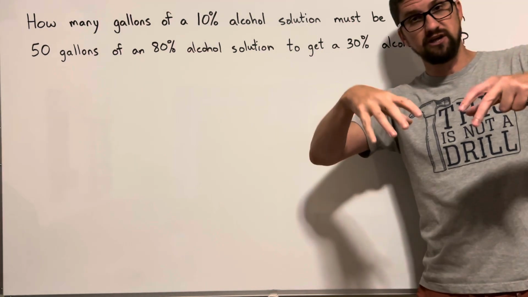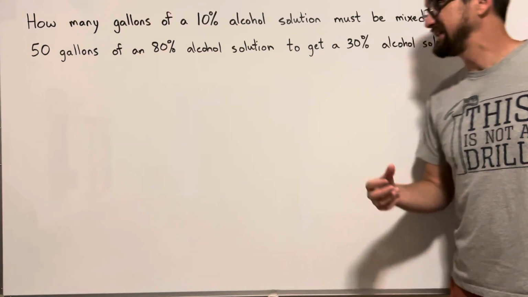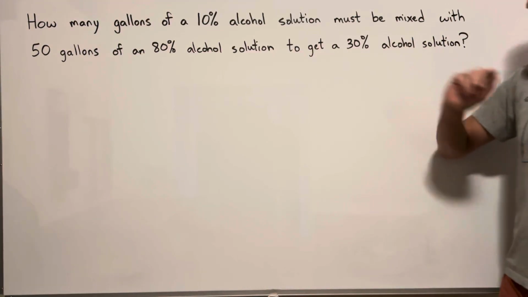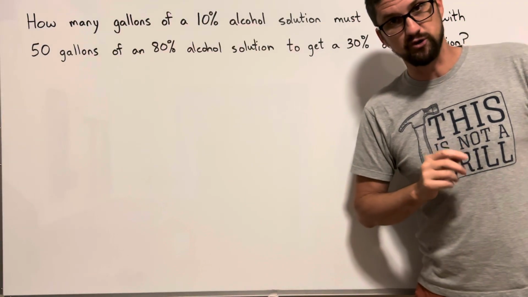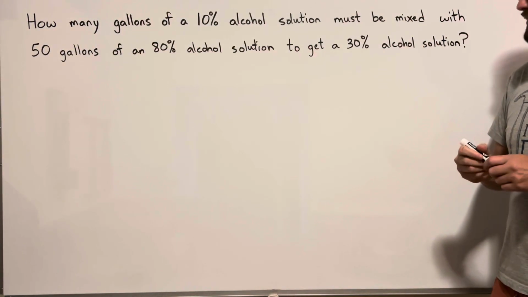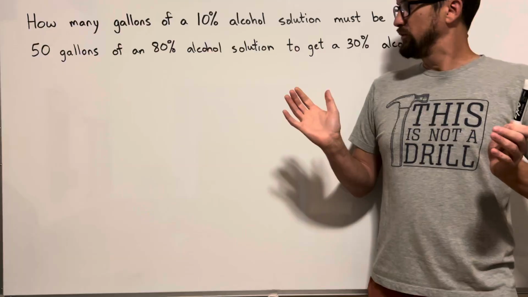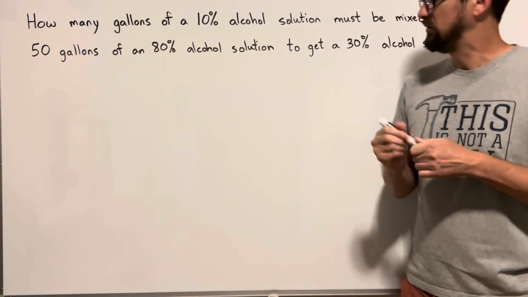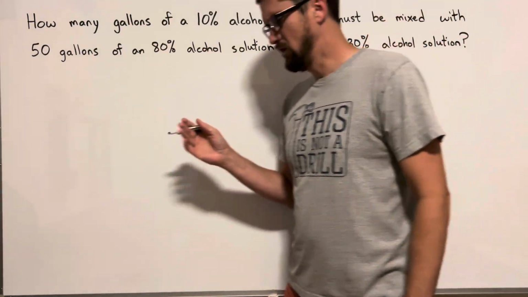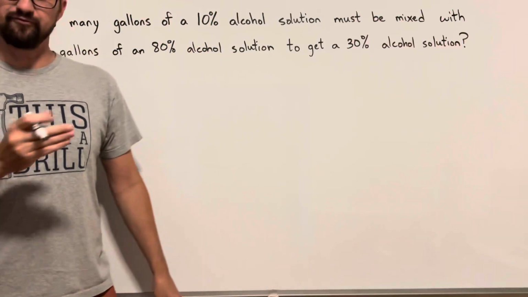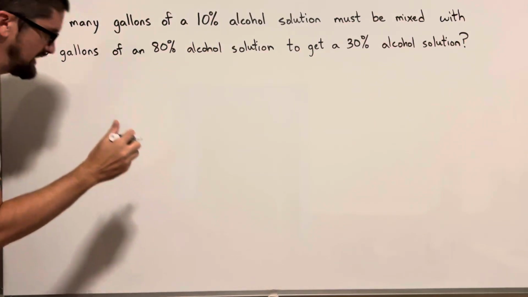So we're mixing two containers together to get one big container, and we want the alcohol solution to be 30% alcohol. All right, what we're going to do is make a table out of this. The first column is the gallons of each container.